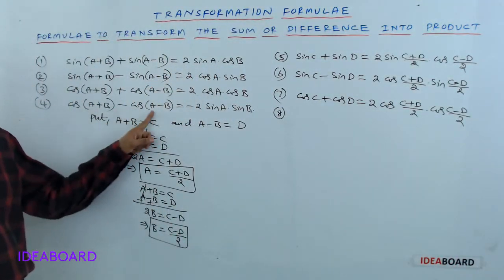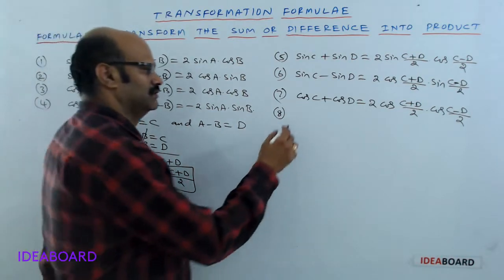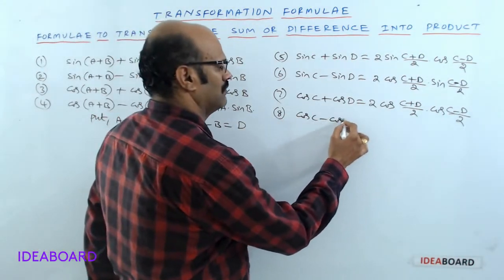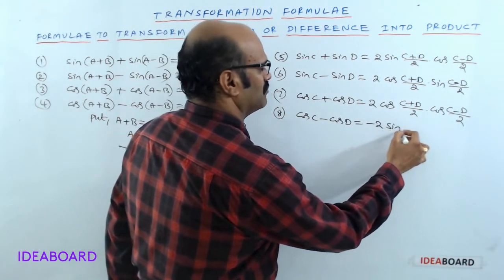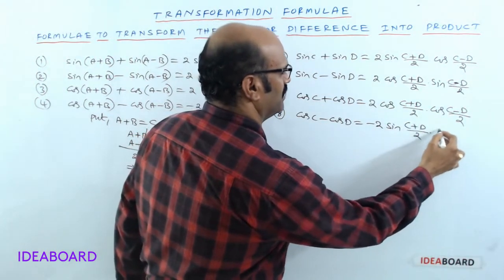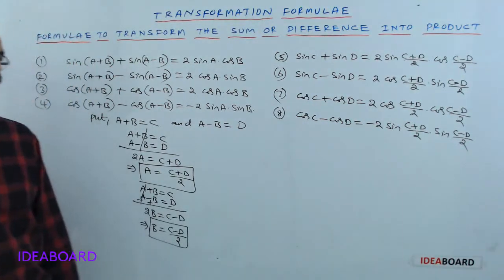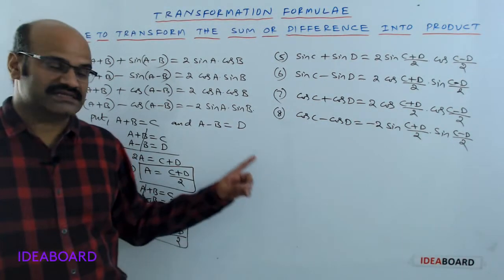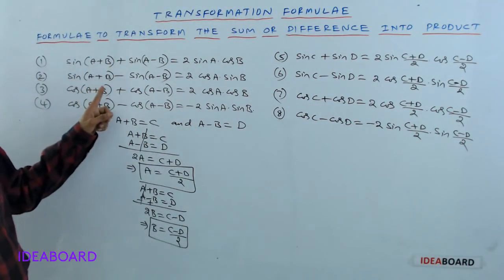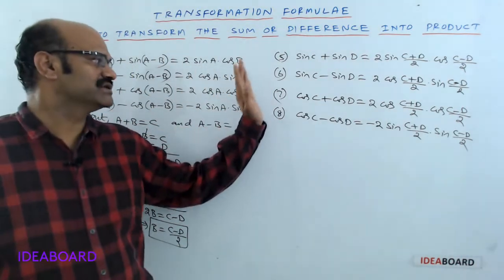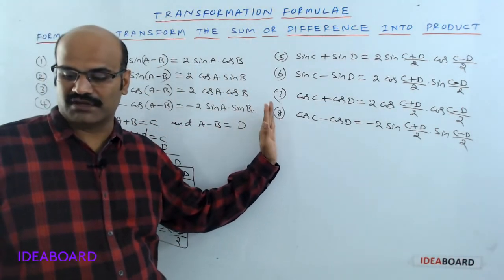Cos c minus cos d equal to minus 2 into sin of c plus d by 2 into sin of c minus d by 2. These are the 8 formulae we have in this topic. By using these 8 formulae, we solve the problems.